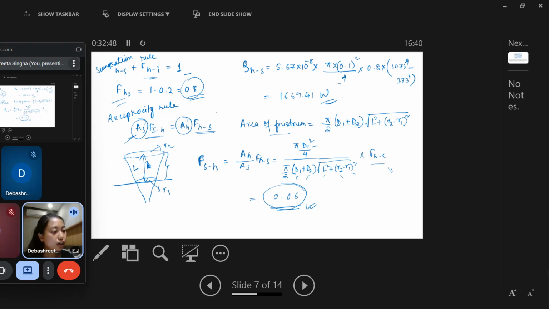So here we have used the summation rule and also the reciprocity rule. These are the rules we use for view factors. We can frequently use these rules so that the question is simplified.